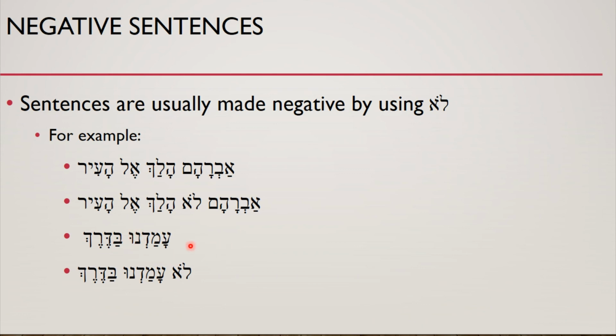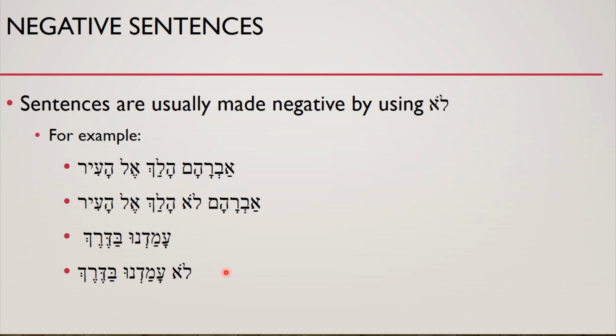It's not anachnu amadnu baderech. It's just amadnu baderech. So you don't need the subject pronoun to know what the subject of the sentence is. And the subject of the sentence is we. And you know that because of how the verb is constructed. So that is going over negative sentences.